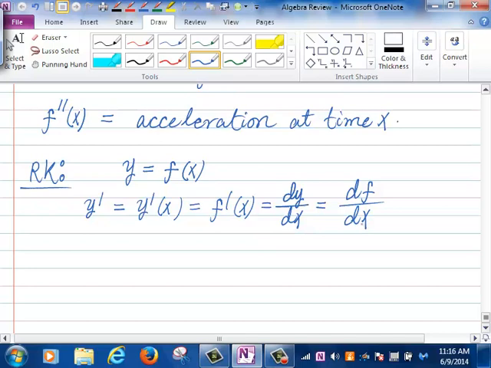Sometimes people, to emphasize that they're evaluating the derivative at x, will write this. Same thing here, sometimes people would write dy dx evaluated at x, like this. So all these are notations having the same meaning. It's the derivative of the function at x.